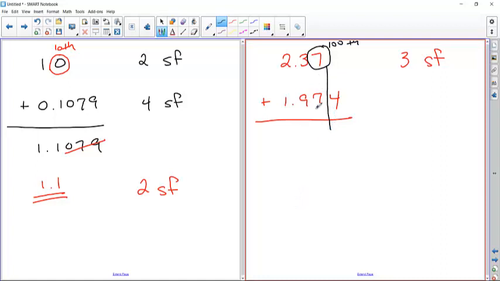Now, the easiest thing to do is just to plug the original two numbers into your calculator. 2.37 plus 1.7974. And what you would get, just from a calculator standpoint, is 4.345, but that last digit doesn't count. I must have done something wrong here.